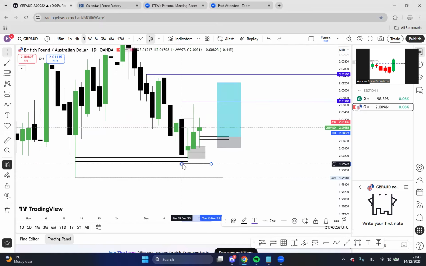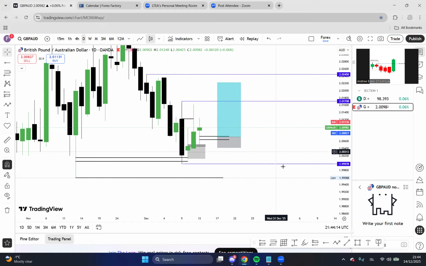And this candle right here, this daily candle, the low is liquidity, the high is liquidity. We all know. I like it. So again, price can come down first before going higher.